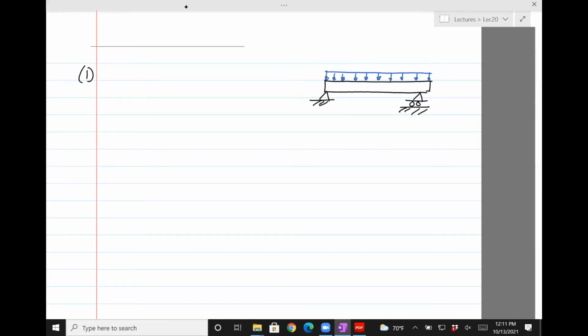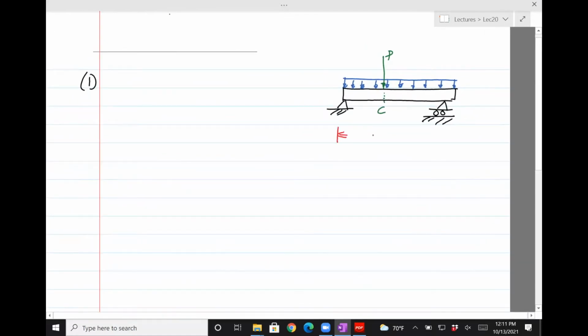Okay, and then there's a point load at point C. And the beam is 8 meters long.